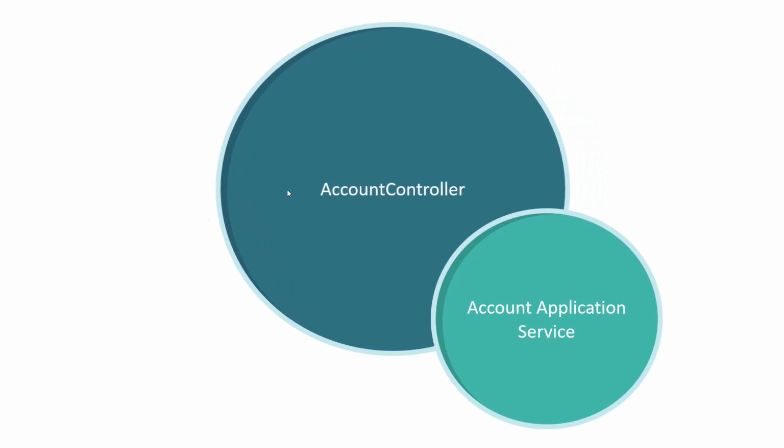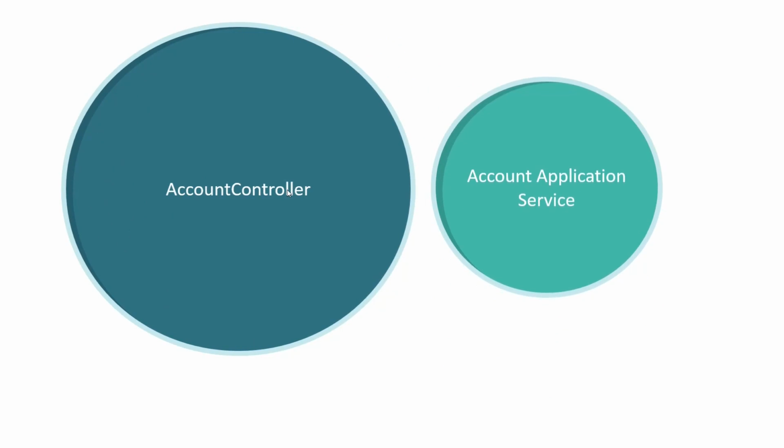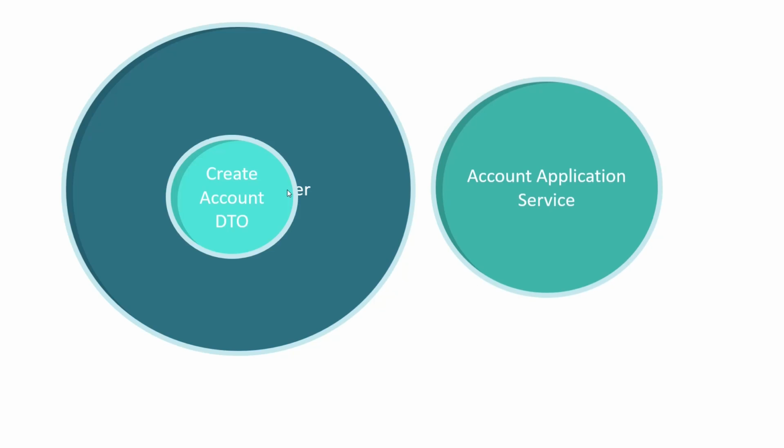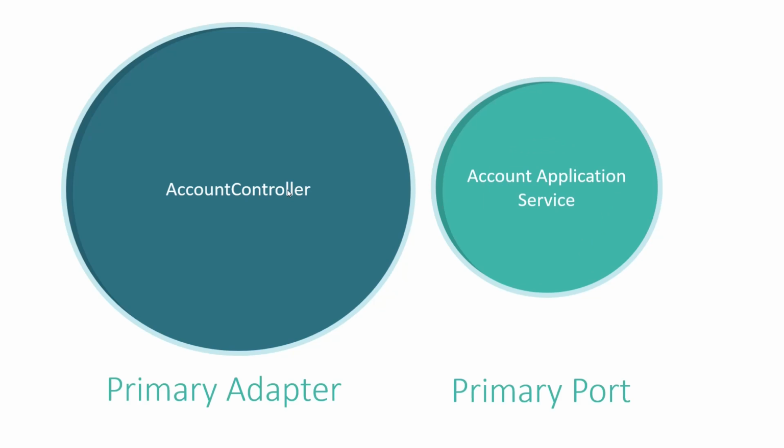So we have a controller which has the account application service injected into it, and it handles account creation through some DTO object, and data goes from the account controller to the application service. So once again, we have the primary adapter, which is the account controller, and we have the application service, which is the primary port.